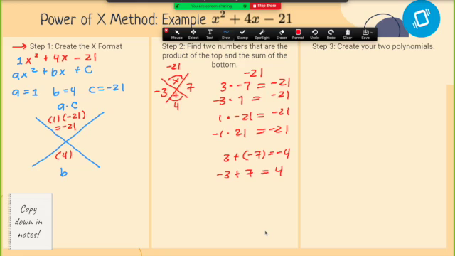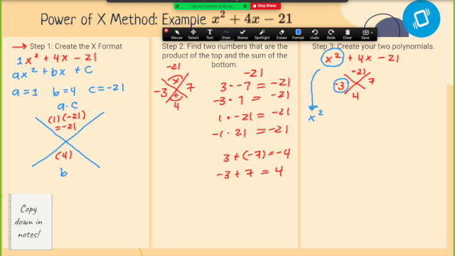So the next step here is creating our expression. I'm going to use our original, which is x to the power 2 plus 4x minus 21, and underneath I'm writing down the negative 21, negative 3 and 7, and positive 4. Now I need to bring down the first term from the example, which is x to the power of 2.